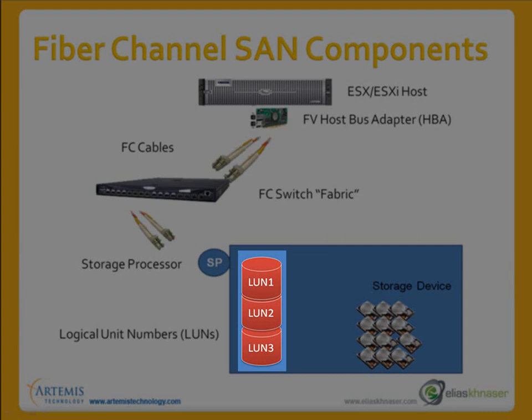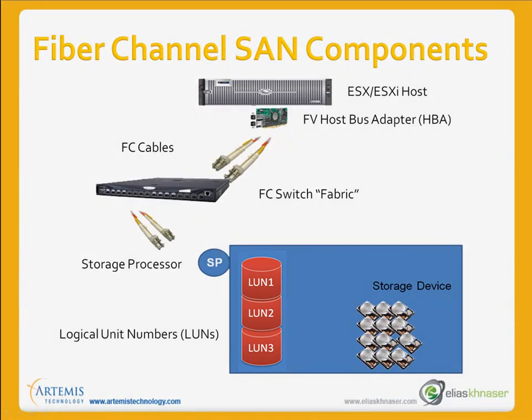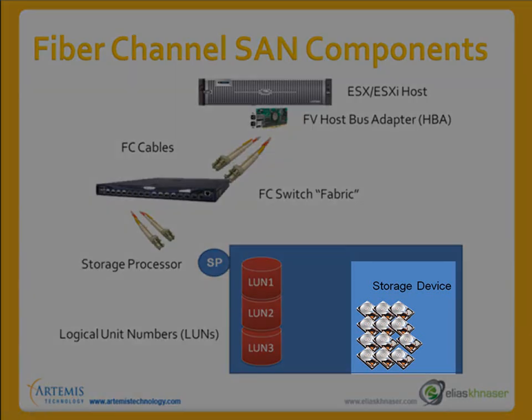This LUN becomes the single storage that is presented to the server as local storage. So you combine two, three, or four of these disks, create one LUN, and present that LUN to the server as local storage. Within the LUN, you can carve up volumes, partitions, and so on, whatever you want.